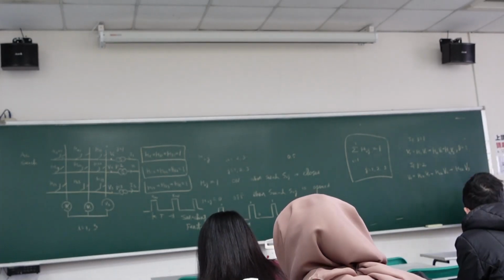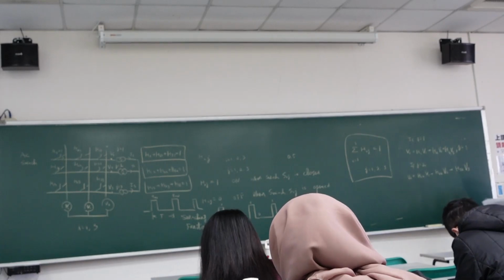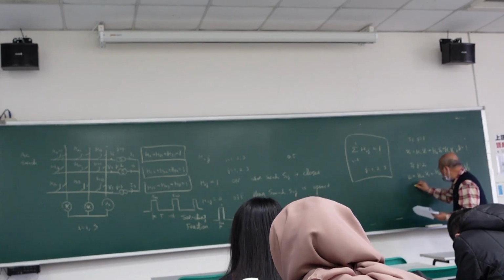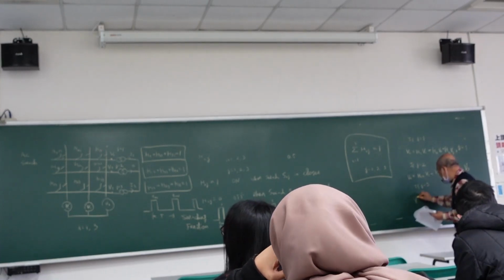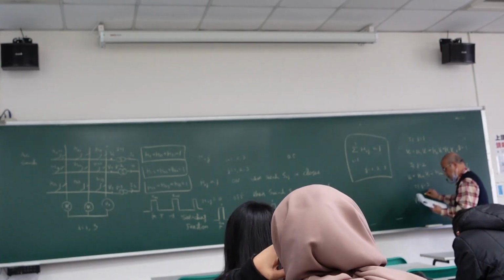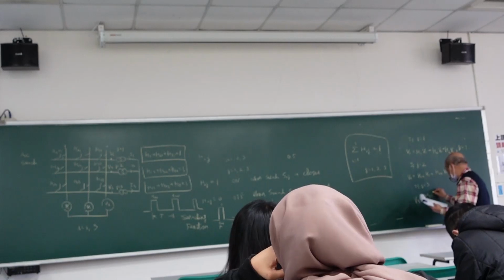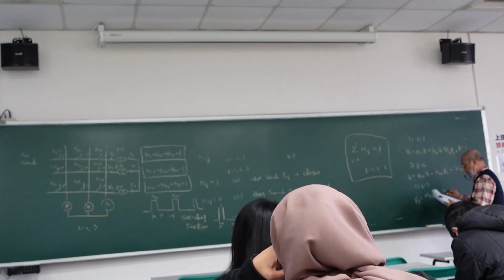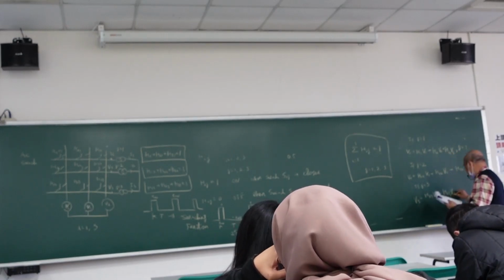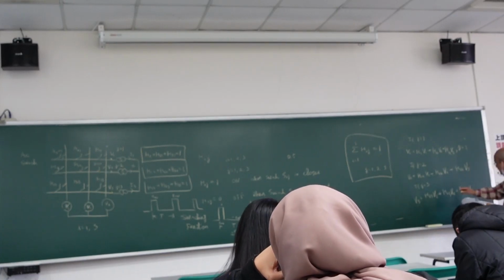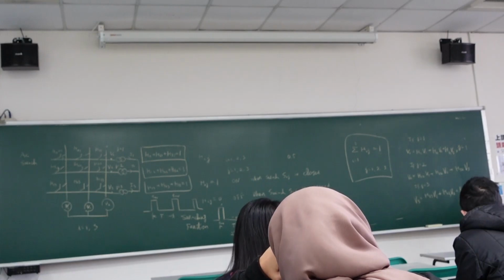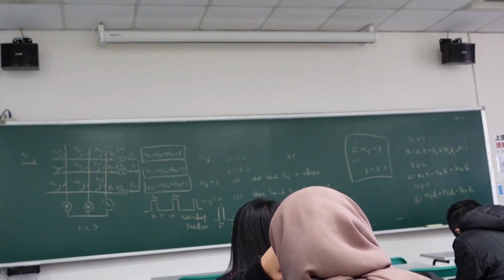So this is J equal to 2. How about J equal to 3? Then V3 is equal to H13 V1, H23 V2, H33 V3. So we can use switching function to describe the output voltage.